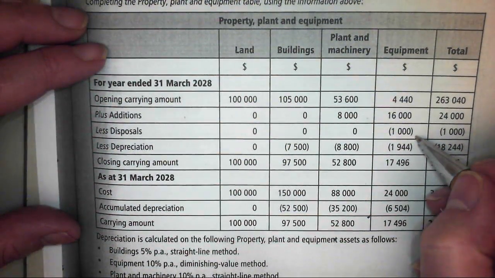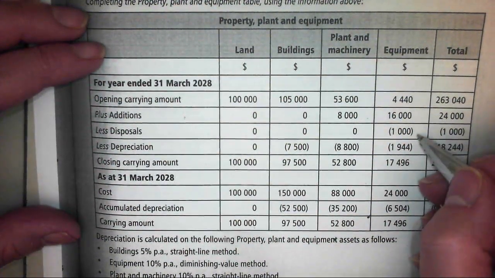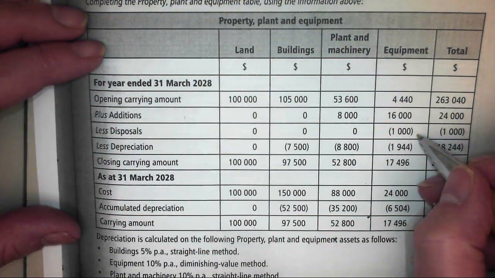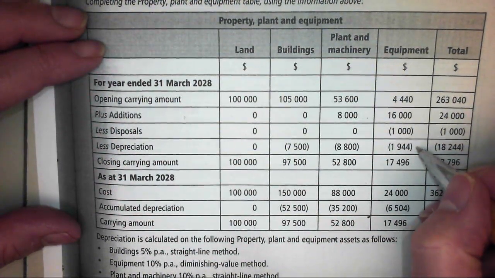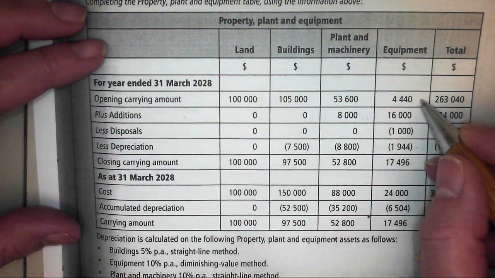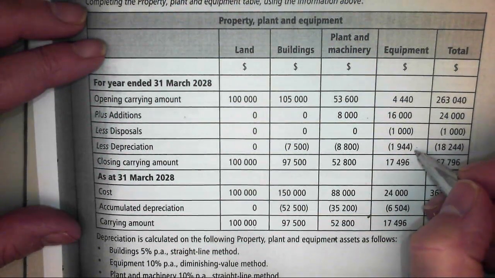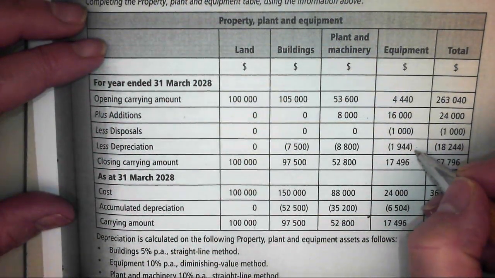Disposals, if I've sold any assets, some equipment assets in this case, this will be taken out at their carrying amount, i.e. at what I'm reporting them to be, the value of them. And of course, obviously, depreciation is the big shift in what your opening carrying amount is to what your end of year carrying amount is. That's how much you've written off of that carrying amounts of the assets during the year.